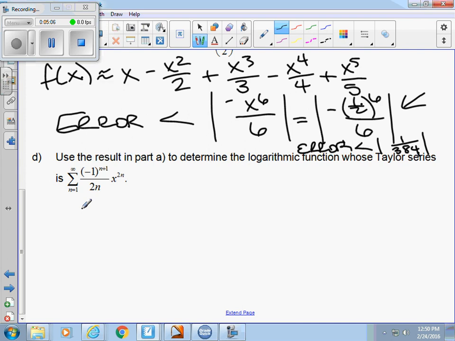Use the result in part A to determine the logarithmic function whose Taylor series is this. What are your thoughts?